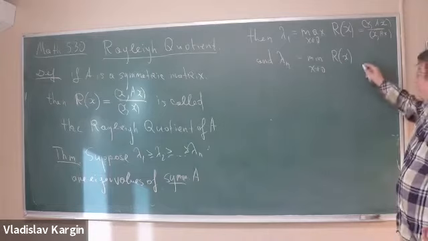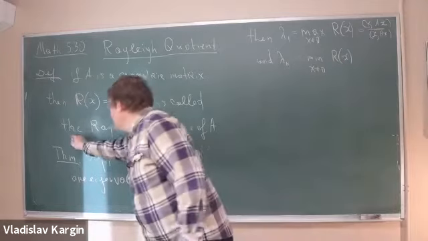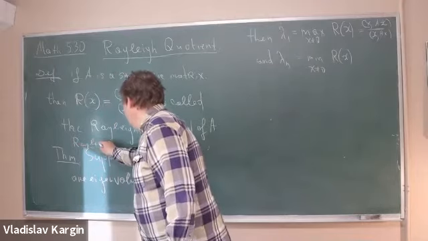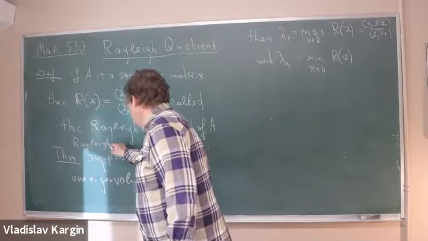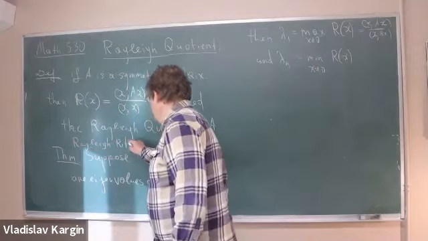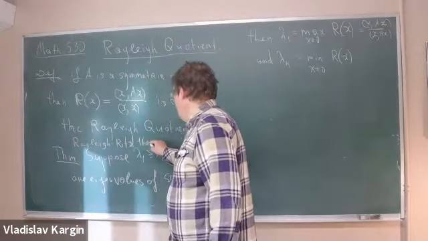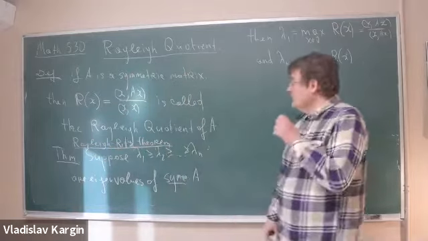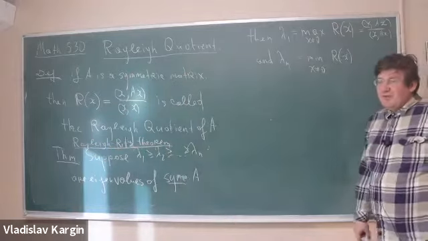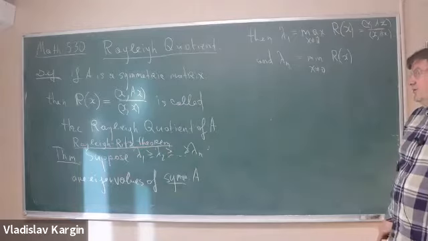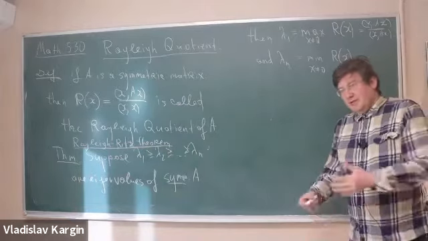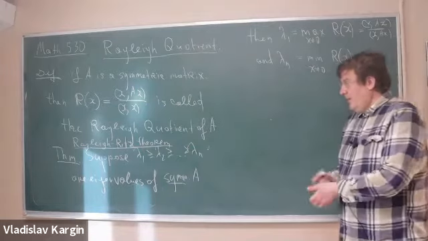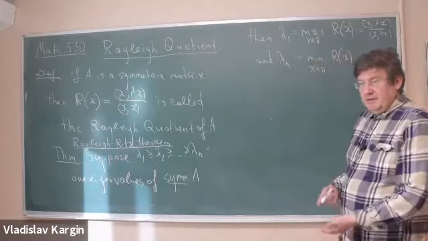This is sometimes called the Rayleigh and Ritz theorem. Both were British physicists, and they actually studied not matrices but operators in physics.